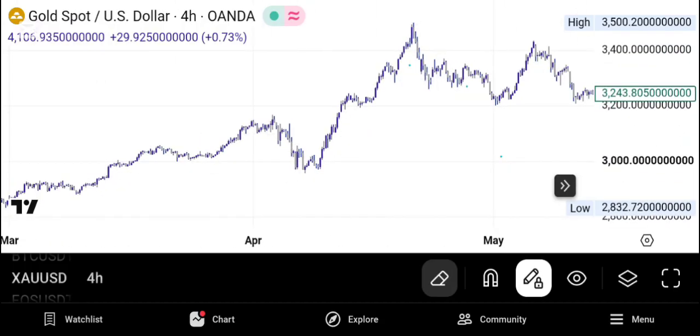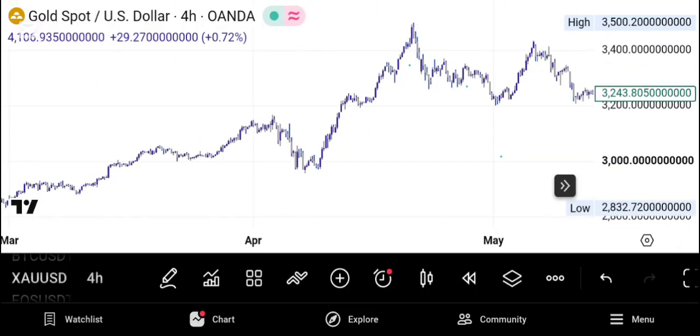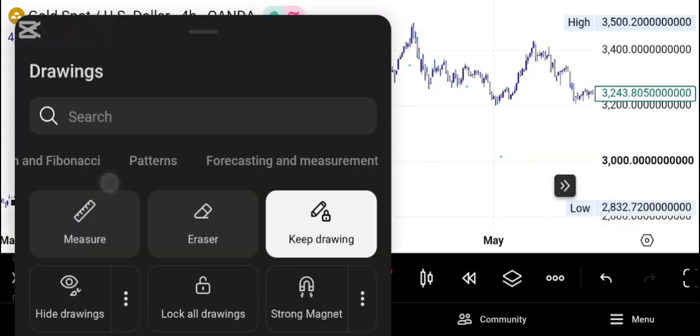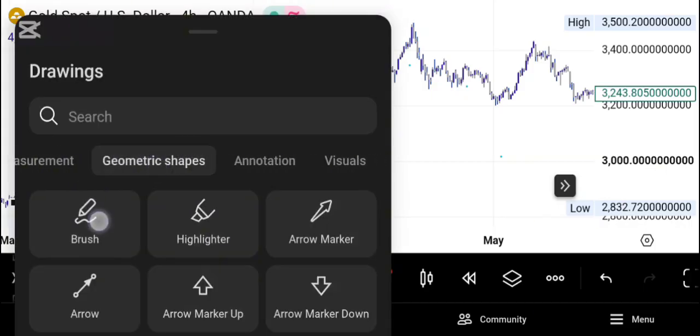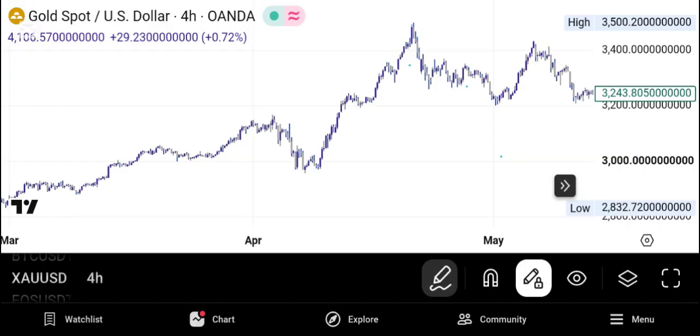Now this is the 4 hours. So the corrective zone is where you want to wait for.